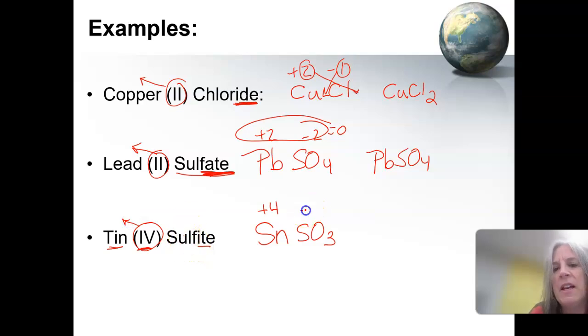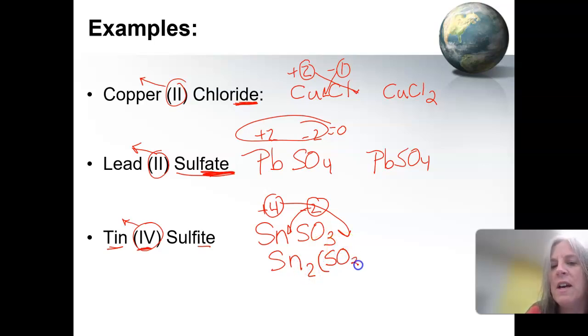Sulfite on the back of the periodic table is -2. So we're going to do a little crisscross. So that means we have 2 tins, and then we have 4 sulfites. So SO3, you got to put the parentheses around it because we don't want to have 34 sulfites. We want 4 of these sulfites, which is SO3.